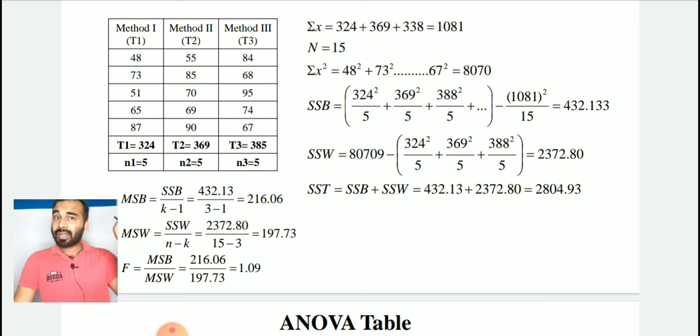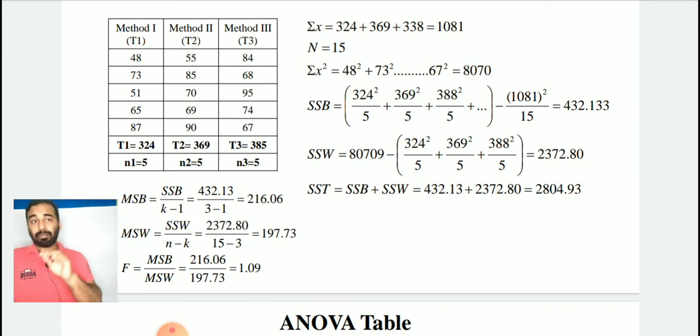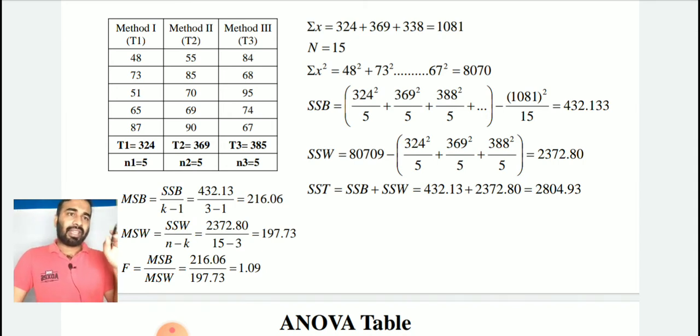T1 square divided by N1: 324 square divided by 5 plus 369 square divided by 5 plus 388 square divided by 5, minus 1081 square, that is sigma x whole square, divided by 15. So we get 432.13. This is SSB, the variance between the samples.